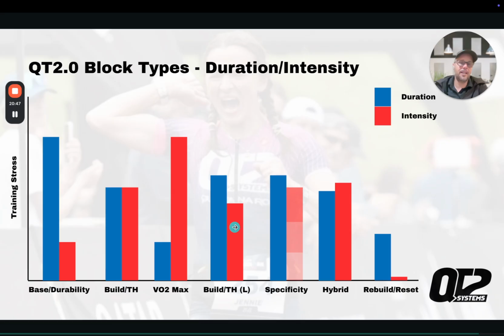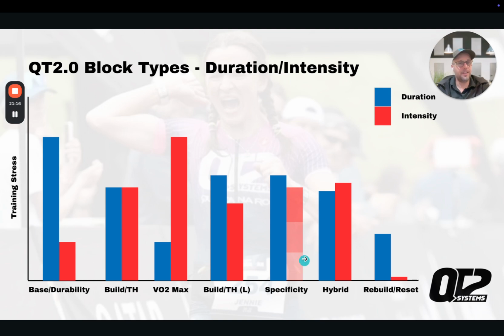The build threshold lengthening block is similar to a build threshold block. The only difference is that it's a little less intense because we don't have that supra threshold work pulling up on the critical intensity. Specificity is very dependent upon the type of race that we are training for. So in an Ironman, the relative intensity will be somewhat low.